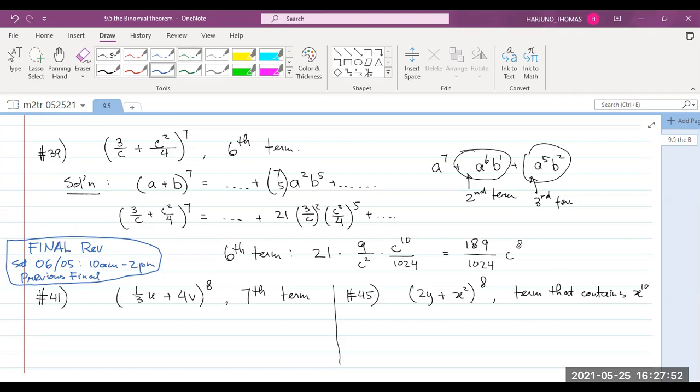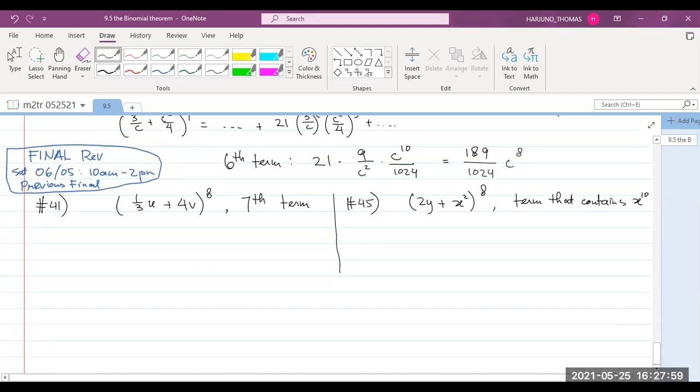Okay, let's continue here. Number 41. Let's see. Solution. If I had (a + b) to the 8th, then the 7th term will be... am I sharing right? Okay.